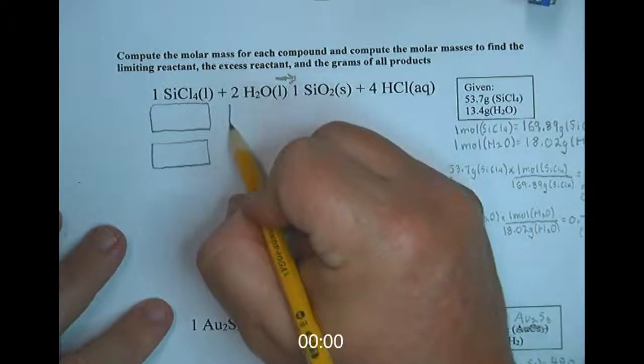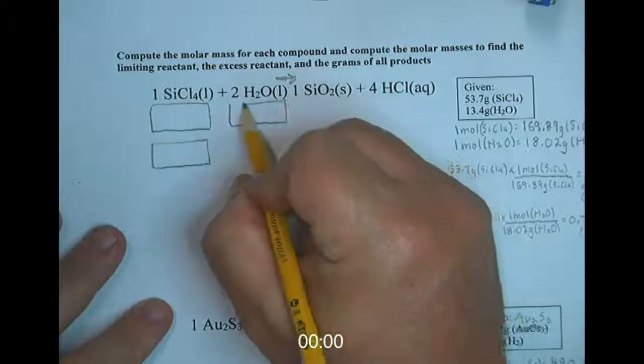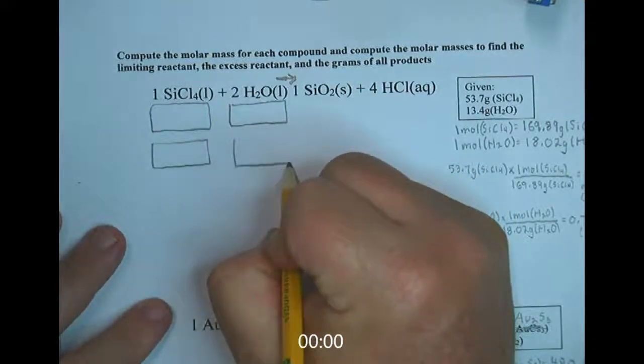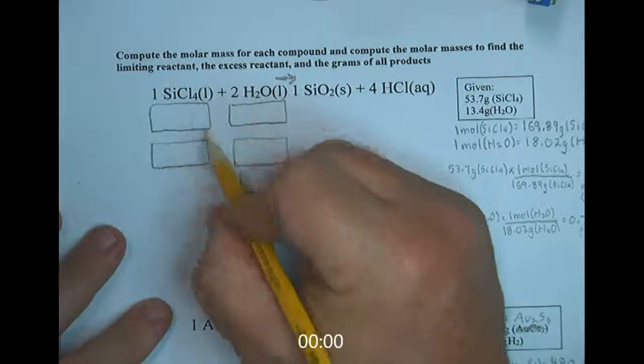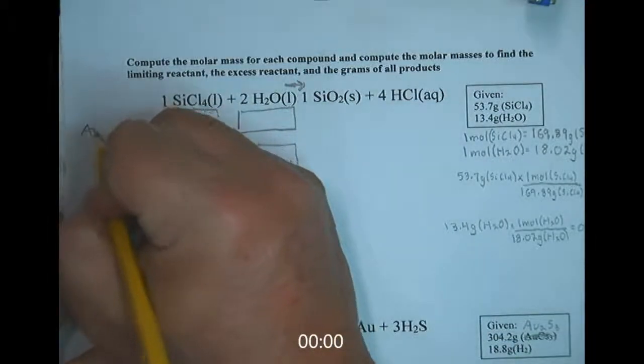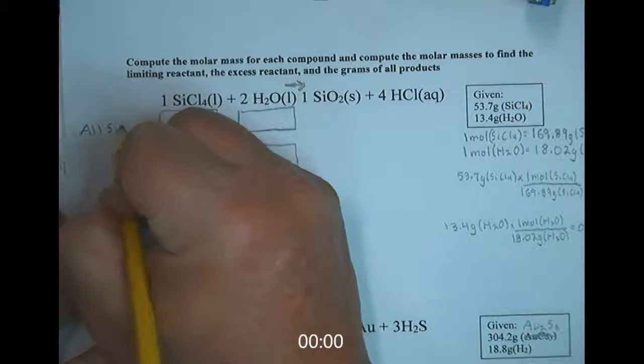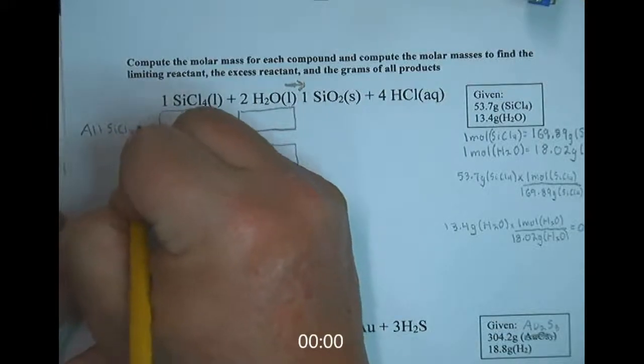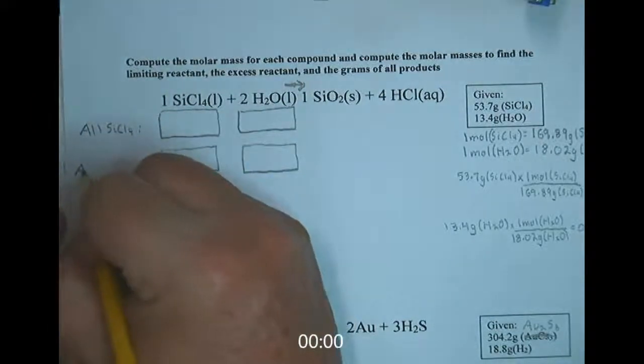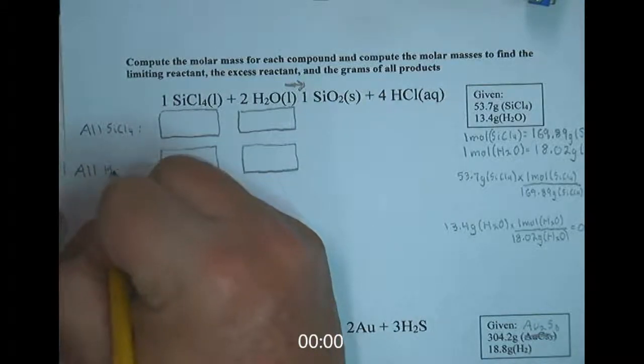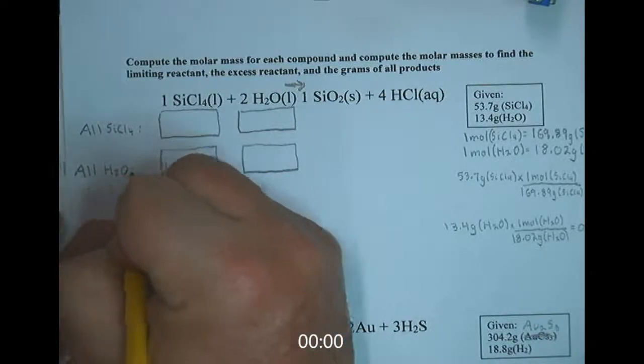So I'm going to draw a box here and a box here. And it's arbitrary which one you make the "all," whichever, okay? I'm going to make the one on top the all SiCl4, and the one on the bottom the all H2O, assuming that I use all the H2O in this one, okay?